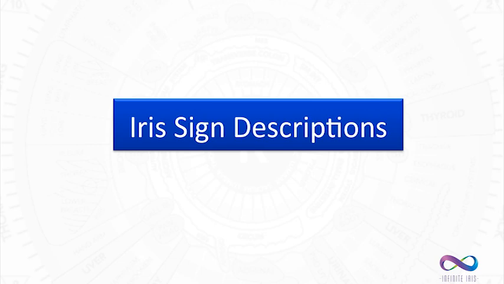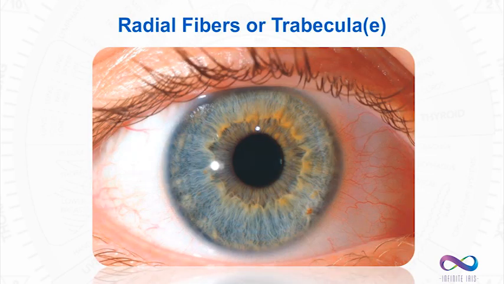Now we're going to go over iris signs and their descriptions. There are very interesting signs that we can see in the iris of the eye. In this iris, we're going to be looking at radial fibers.